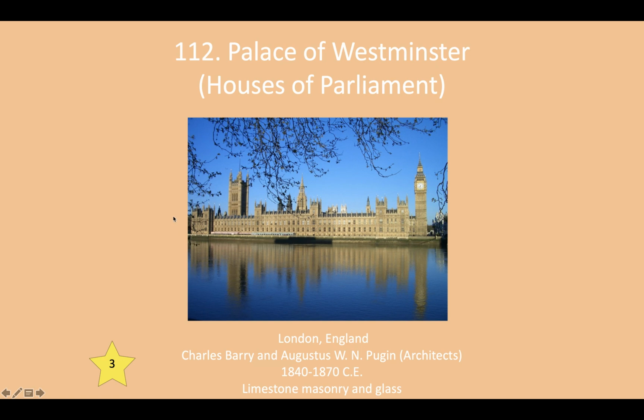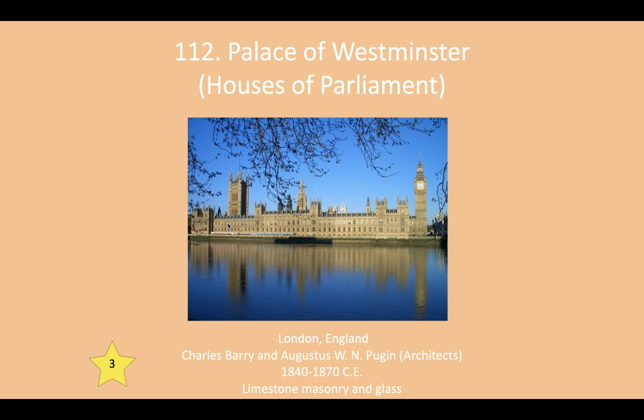And in this building are the Houses of Parliament, and in England the Houses of Parliament are broken down into 2 pieces. The House of Lords, which is where all of the people who have titles, Earl this and Duke that and Prince whatever and Lord whatever, that's the House of Lords. That's half of the government. The other half of the government is the House of Commons, and that's where the everyday elected people are. So we do have a little bit of a focus on the common man here.